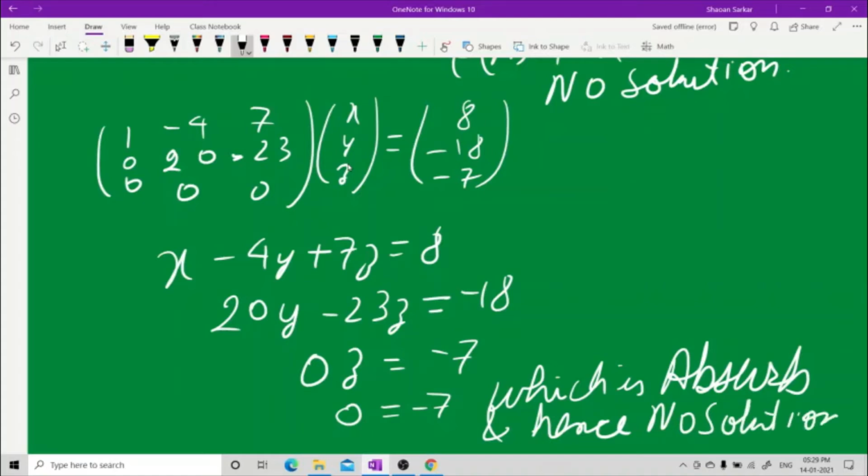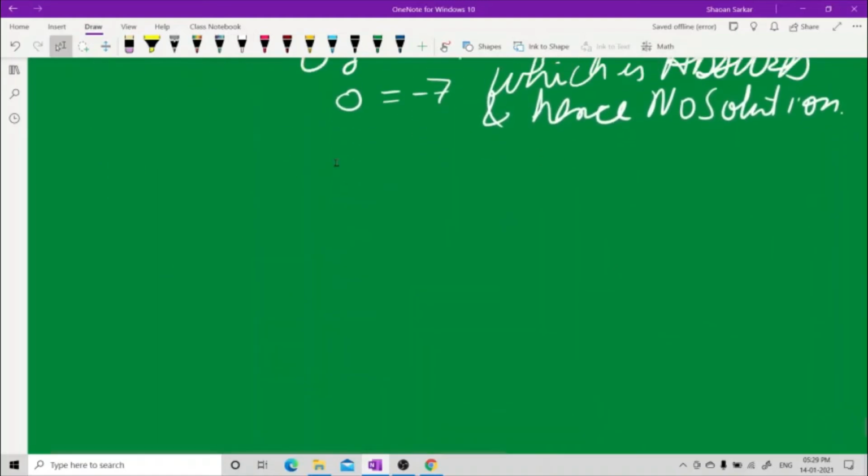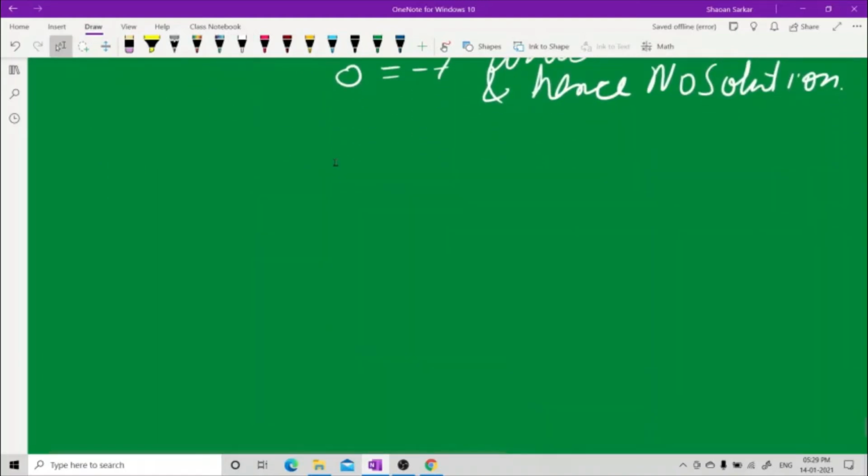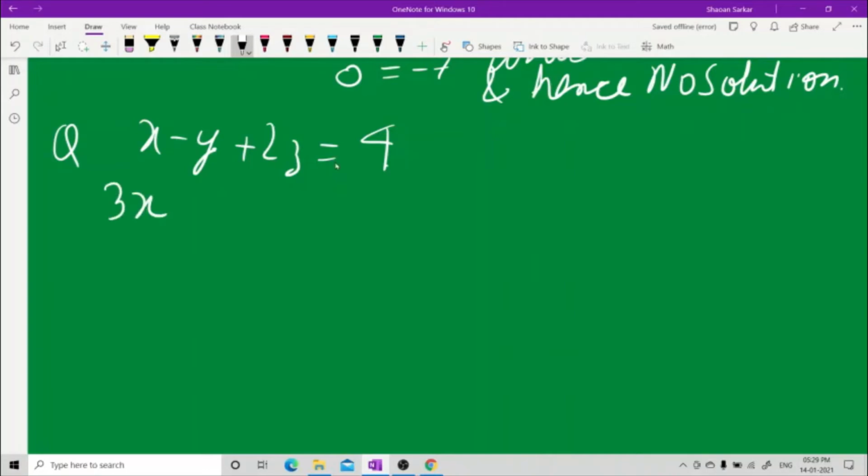Now you will see how to find an infinite solution. Now I take an equation like this, that is x minus y plus 2z equal to 4, and then I have 3x plus y plus 4z equal to 6, and then x plus y plus z equal to 1.